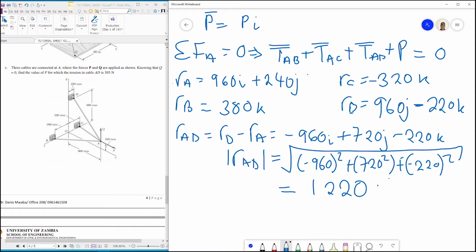So we've just gotten our RAD, because AD is the one for which we have been given the tension. Now to get our unit vector in the direction of AD, you just divide all these by the magnitude.